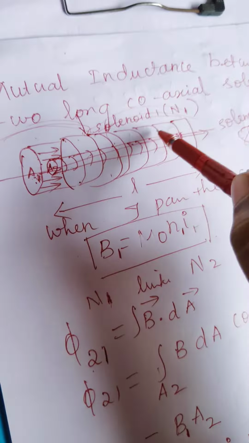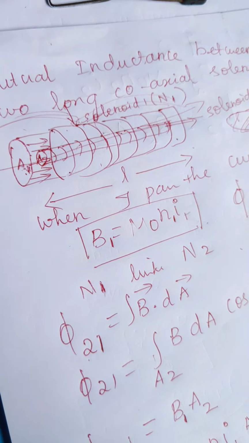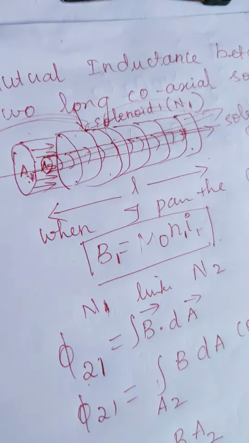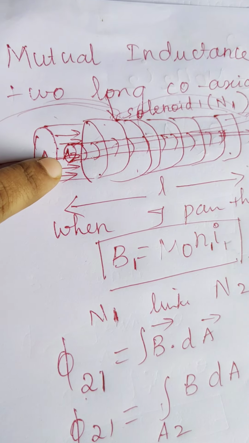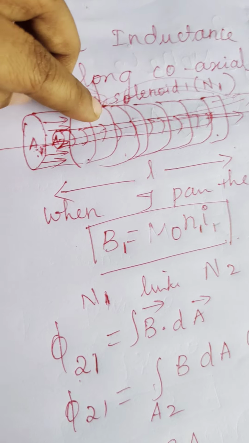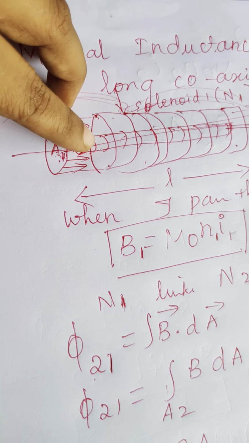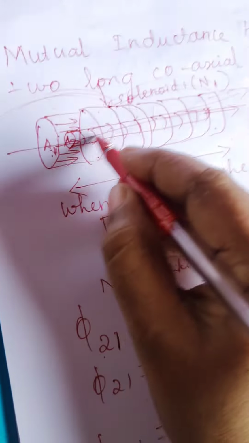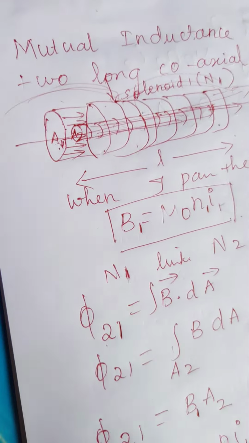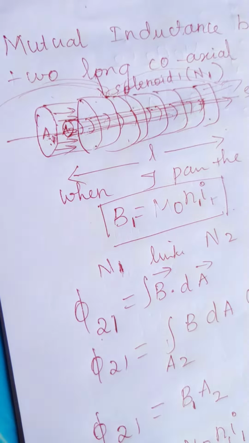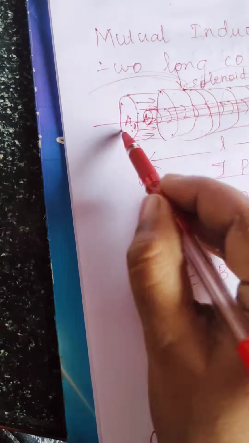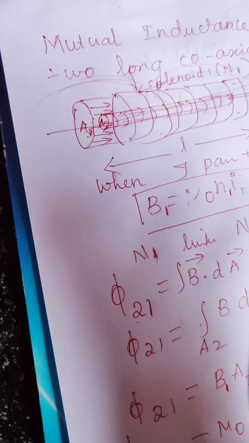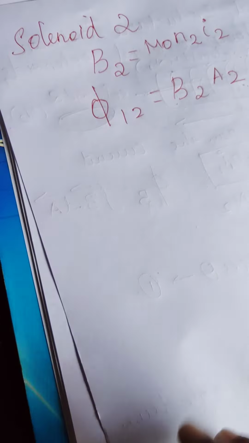The uniform magnetic field lines will not be produced in area 1 when I'm checking for area 2, because here I have some spaces. But here I don't have any spaces between these solenoids, so here I'll have the uniform magnetic field lines. That is why in this second solenoid I'm mentioning the area 2, because the field line is going this way only. Here I have more space, here I have less space.